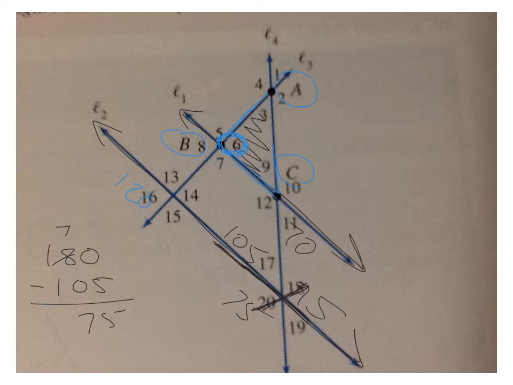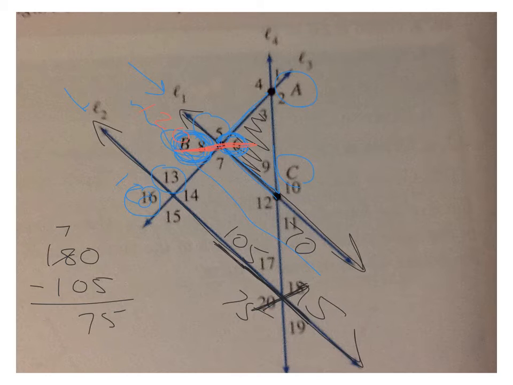Remember that if these two lines, if I were to fold them over and sit this angle on top of this one, angle 16 would be right here where angle 8 is, which would make angle 8 120 degrees. 120 degrees is a vertical angle with 6, which is what CBA is.